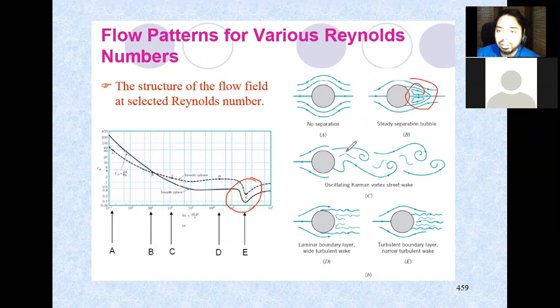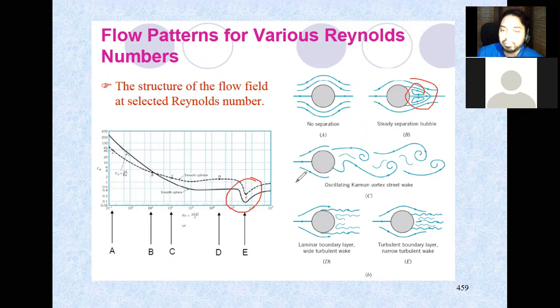Then on C you have more and more turbulence, and this also becomes smaller because there is an oscillating Kalman vortex. It's a kind of turbulence also.